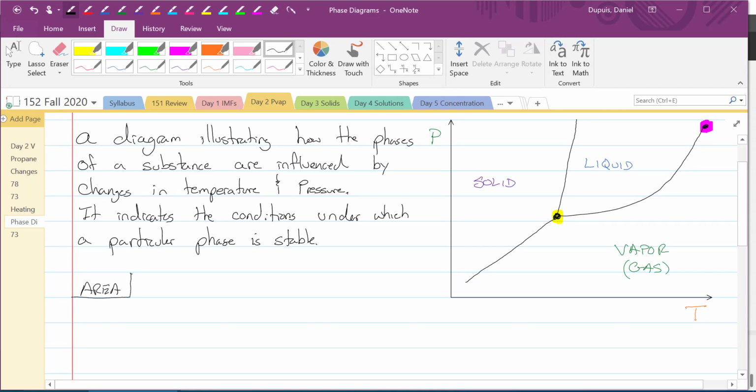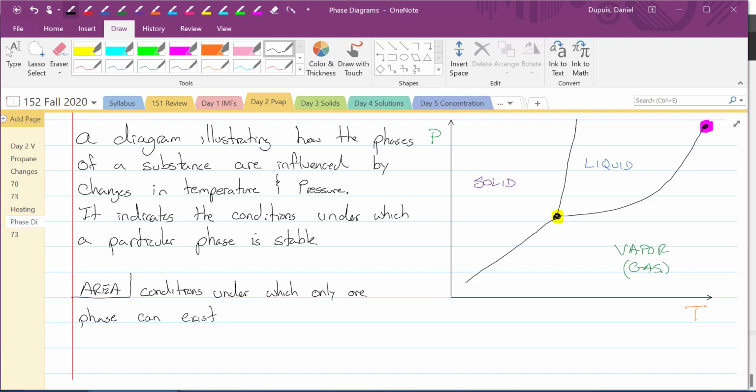In the areas, these are the conditions under which only one phase can exist. It's stable. So this area here is where the solids are, liquids are, gas are. Those are the stable phases.